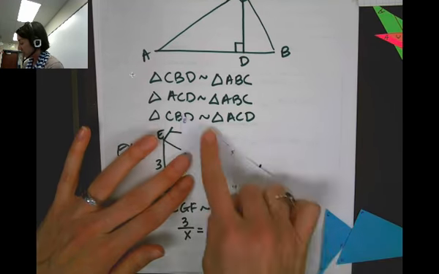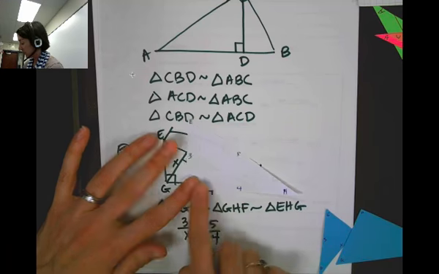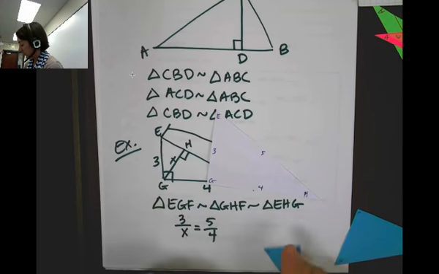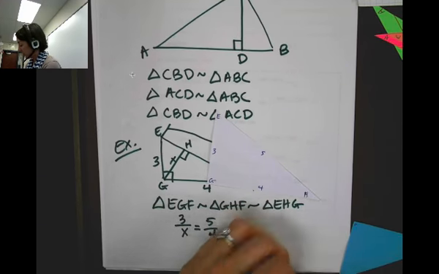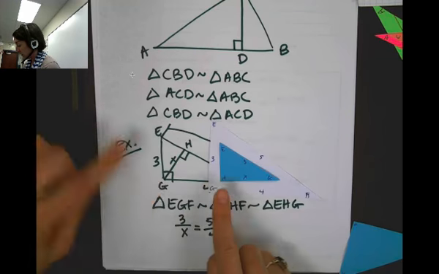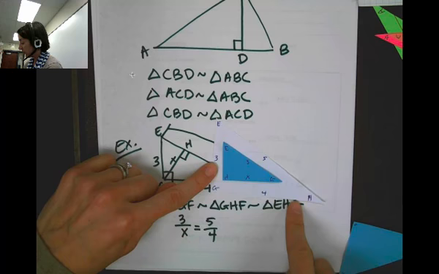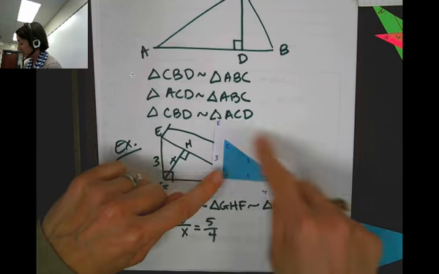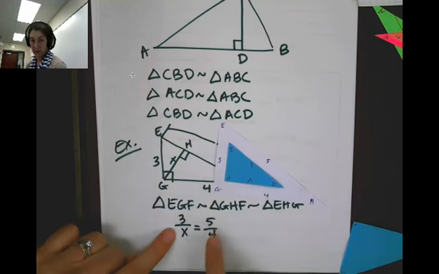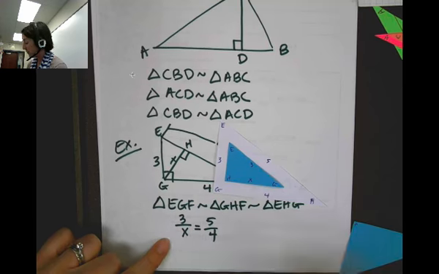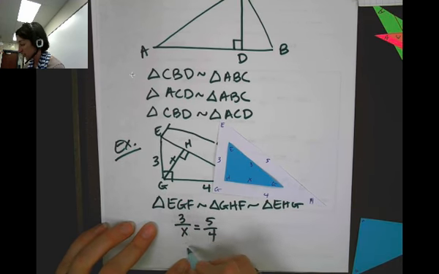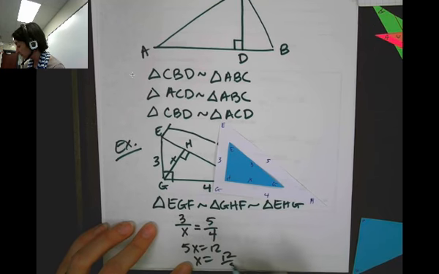Big triangle, 5:4. Small triangle, lining up the right angles, the corresponding parts here. Big triangle 5:4 as 3:x. Hypotenuse to long leg is as hypotenuse to long leg. And there's my proportion. And from there, we just use the cross products property. 5x equals 12. X equals 12 over 5.